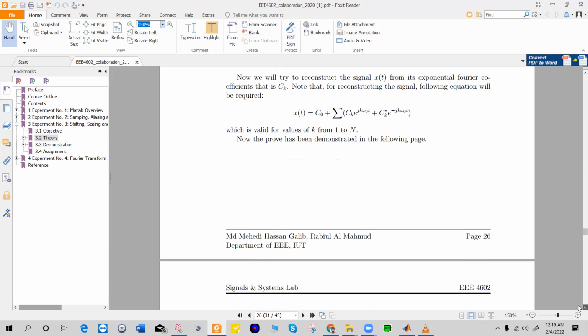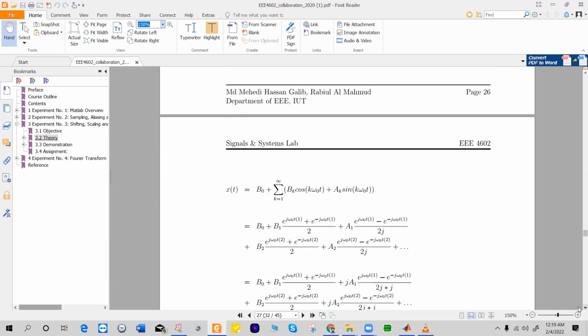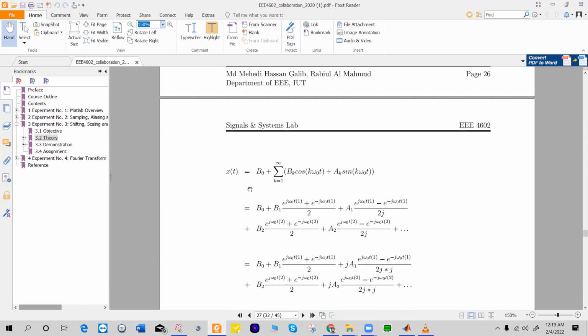Let's see one. From this equation, you can also understand that if you have a time domain signal x(t), you can represent that time domain signal with different frequency components from 1 to infinity. And this is actually the DC component for frequency equal to 0.